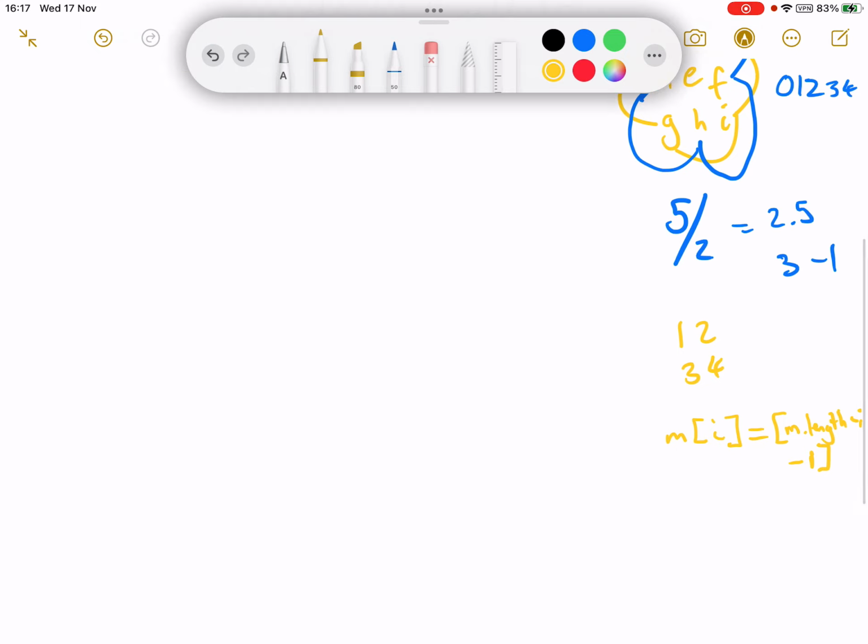So m0, so 0, 1, 2, 3 would be equal to 2 minus 1. What? Oh yeah, I don't think the minus 1 is necessary.